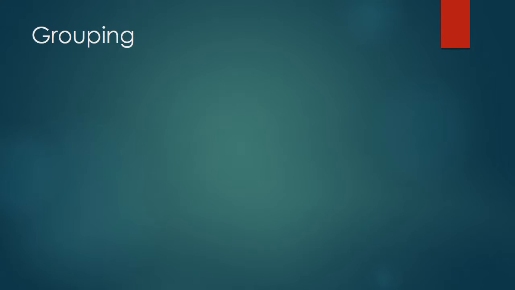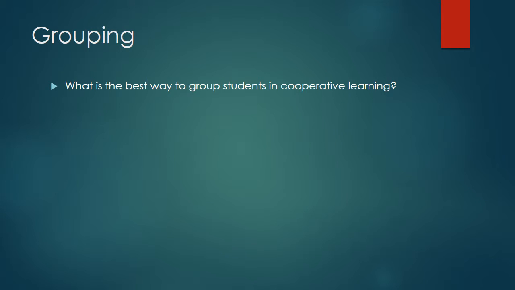So how does grouping play into cooperative learning? If I wanted to set up cooperative learning in my classroom, how do I group my students? So I want to know what's the best way to group students in cooperative learning. In an article on Kagan Online, which is a great resource for cooperative learning, Jeannie Dotson talks about grouping.